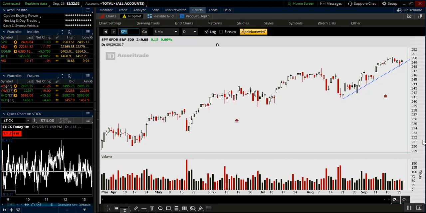So you can use the same fundamental approach looking at the underlying, but you could trade the option contract if you'd like. Sometimes there's a little bit more opportunity for shorter term moves with trading options and tying up less capital.